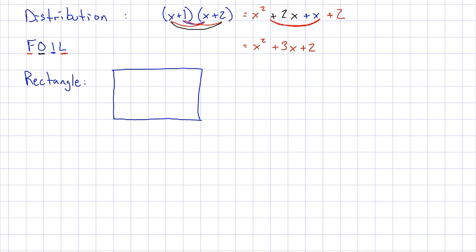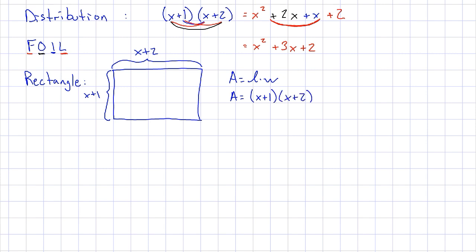So this width here is going to be x plus 1. And this length here is going to be x plus 2. So here is a rectangle, and we have these two components. I would like to find the area. So the area is length times width, which for us here will be x plus 1 times x plus 2.